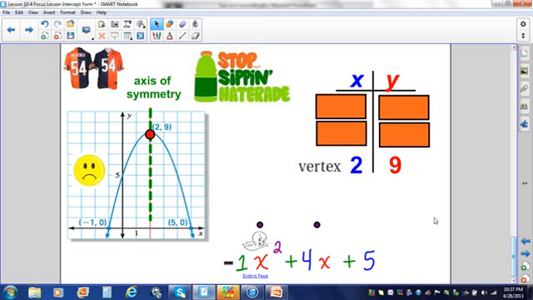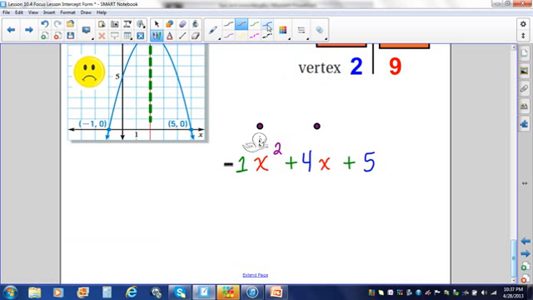Alright, so let's plot another point. So what can we do? We can put 0 in for x. Well, I know that that is going to cancel right here, because when I multiply anything by 0, it's going to give me 0, and then I'll be left with y equals 5.